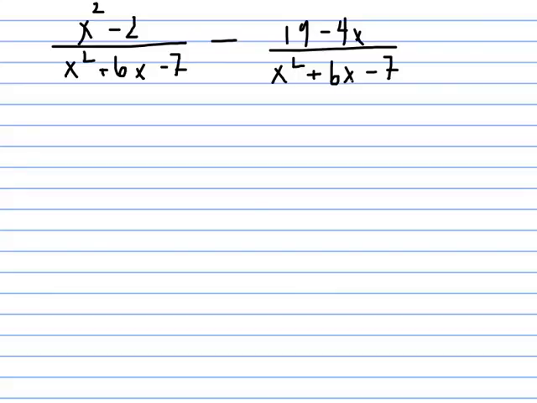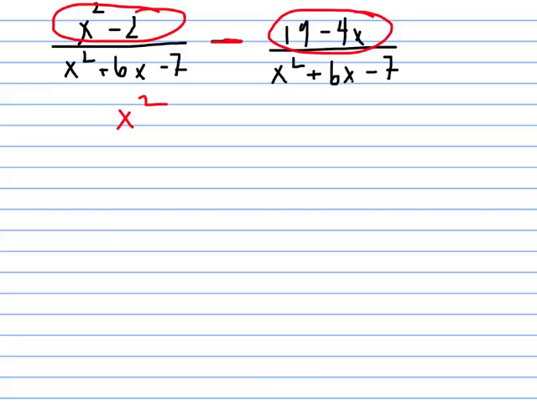So we can just perform the operations we need. We have x squared minus 2 minus 19 minus 4x. So that ends up being x squared, minus negative 4x is plus 4x. And then negative 2 minus 19 is negative 21.